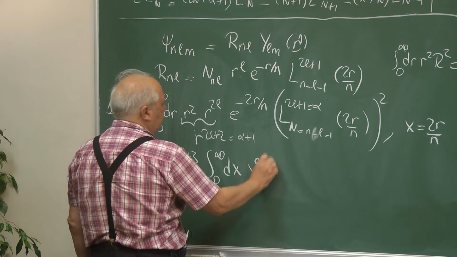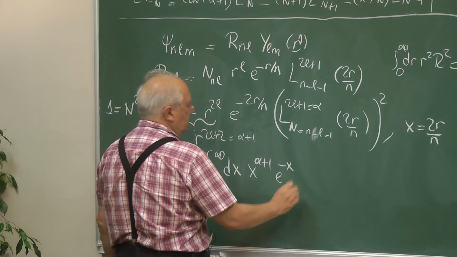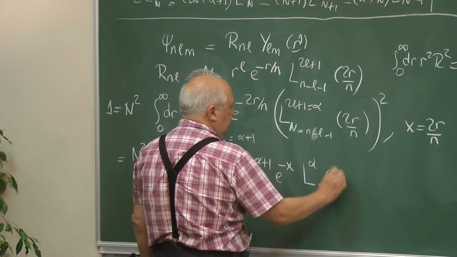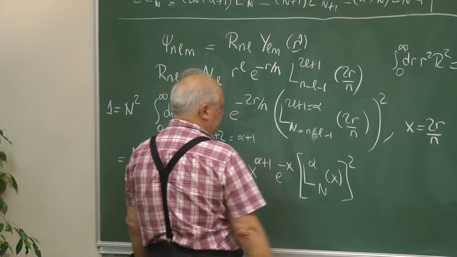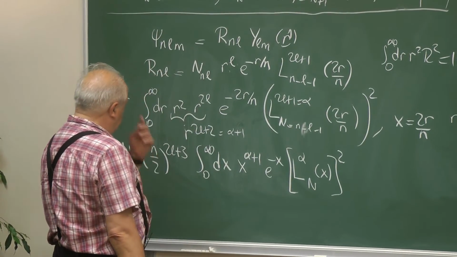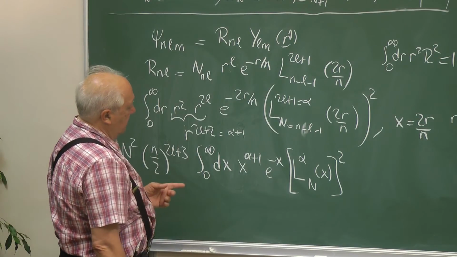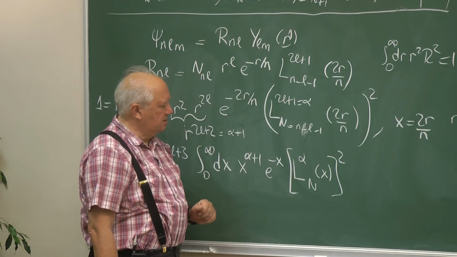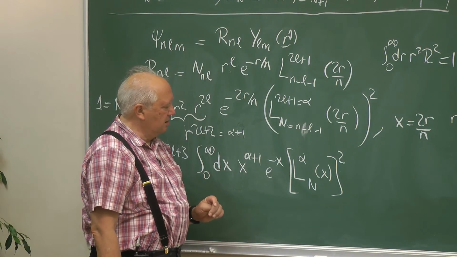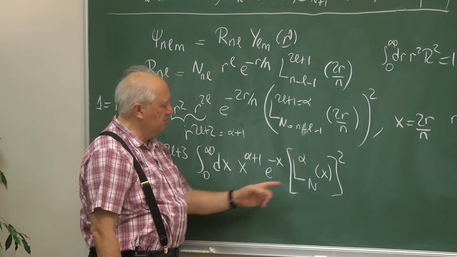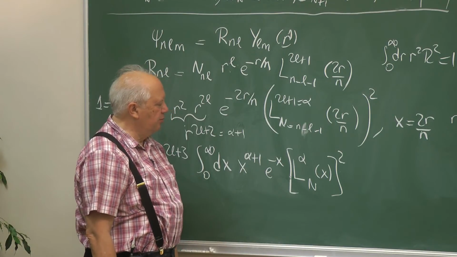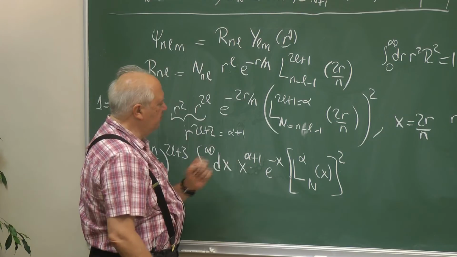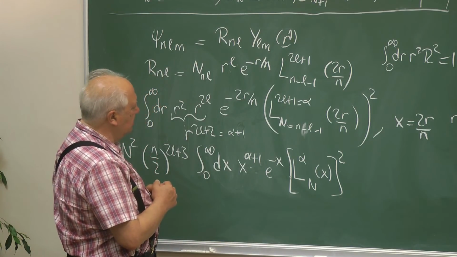So this is x^(alpha+1) e to the minus x, L_n^alpha of x, squared. Now, this is, however, not the integral we found in the Sturm-Liouville problem for the Laguerre polynomials, where we had x to the alpha. Here we have x to the alpha plus 1. Now, how to take that integral?